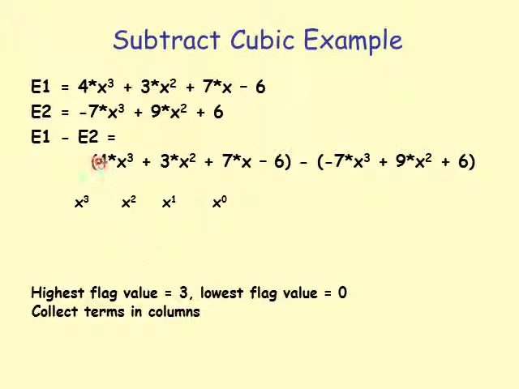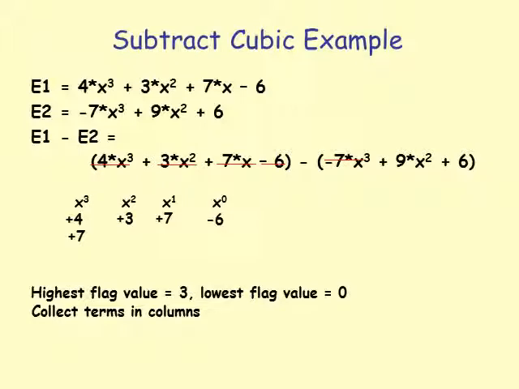The first term is 4x cubed, which has exponent 3, so I get a plus 4 in the x cubed column. From plus 3x squared, I get a plus 3 in the x squared column. From plus 7x, I get a plus 7 in the x column. From minus 6, I get a minus 6 in the constant column.